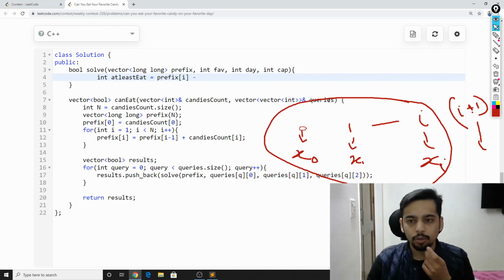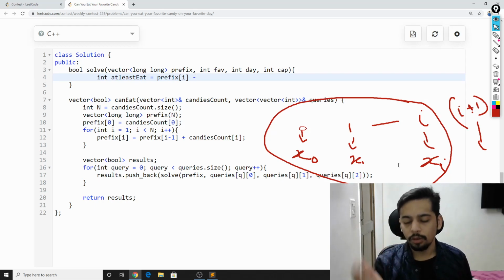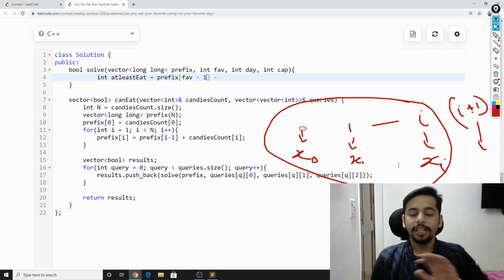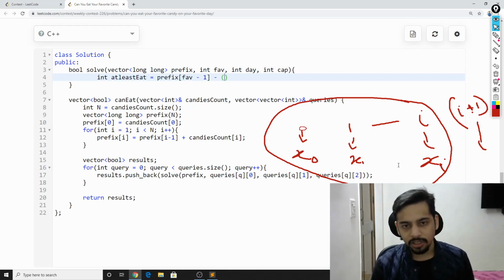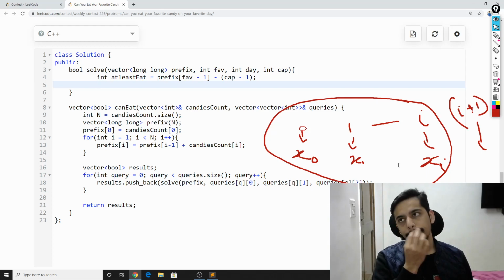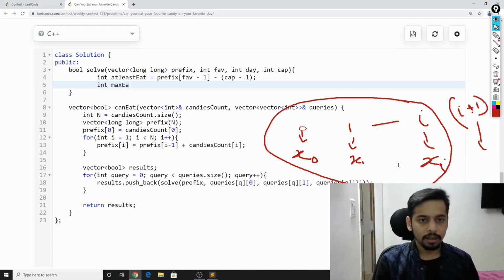Like if only cap minus 1 chocolates among these are left, then on the desired day you can eat all those cap minus one chocolates of other types along with one chocolate of the type you want, right? So prefix at fav minus one, eat all of them, or at best leave out these many chocolates. That would be okay. So either eat all of the chocolates of smaller types or at most leave out cap minus one chocolates. This is the least you should eat.